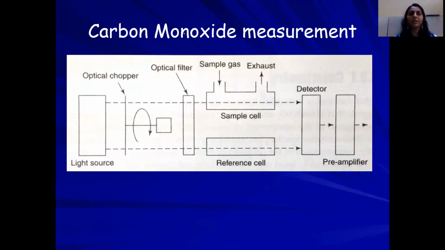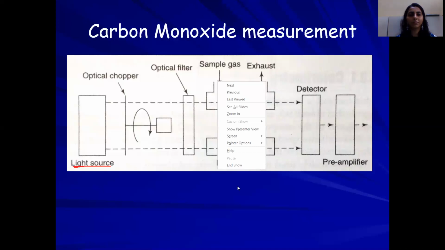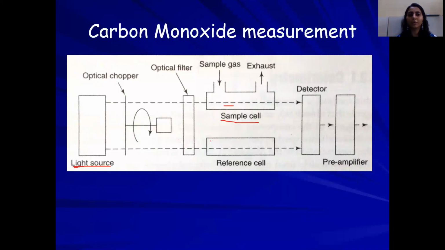The next one is carbon monoxide measurement. Here again, we have a light source, optical filters, then you have the sample cell and the reference cell. Do you recollect double beam instruments? So this one is a double beam instrument.